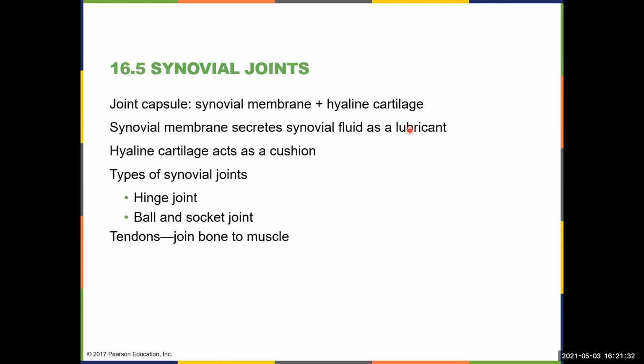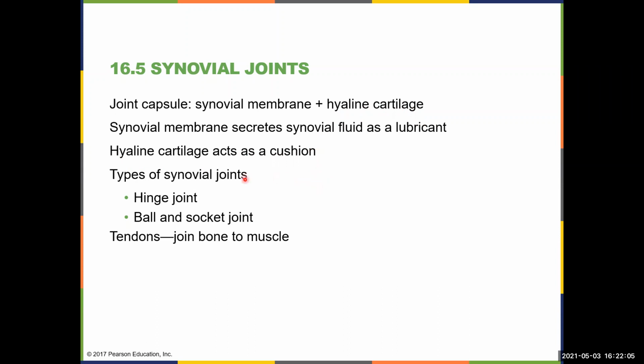When your elbow or knee moves, you don't want your forearm and upper arm bones grinding together. The synovial membrane helps to lubricate the region. You also have hyaline cartilage in that area, acting as a cushion between those bones that are connecting together.